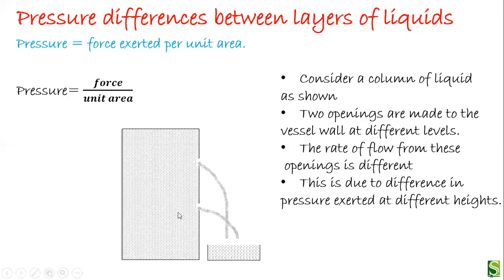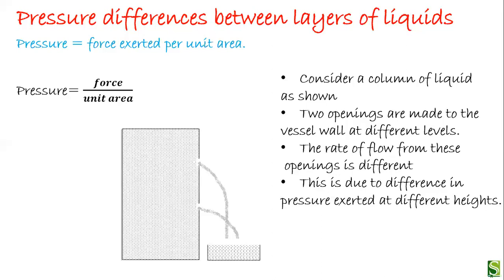If this fluid is moving in this layer and that fluid is moving in this layer, we consider these two as different layers, and hence the pressure over here is different from the pressure over here. Why is the pressure different? Because of the height.